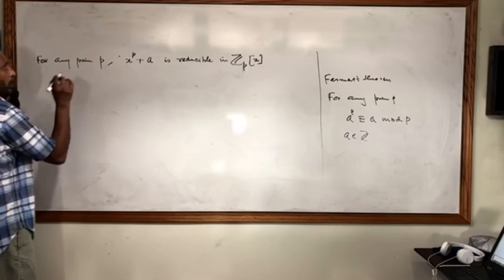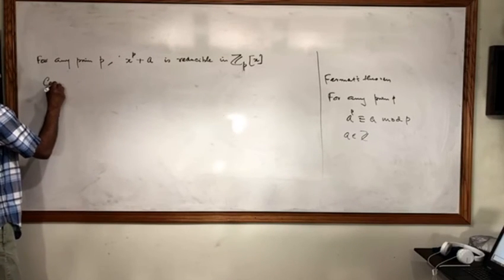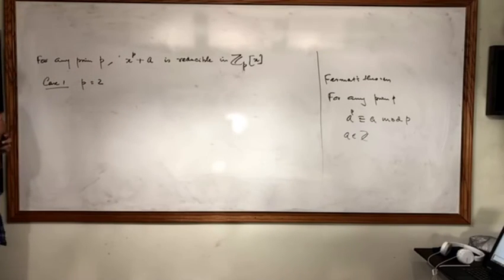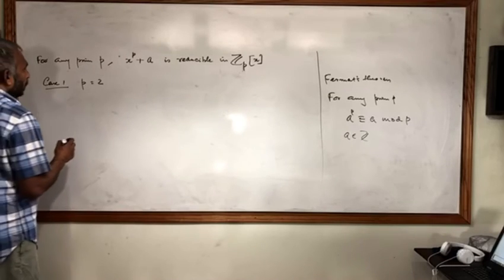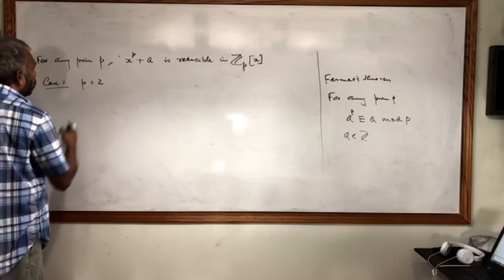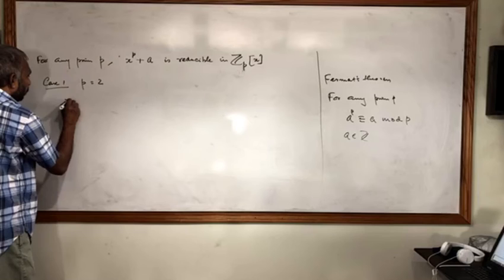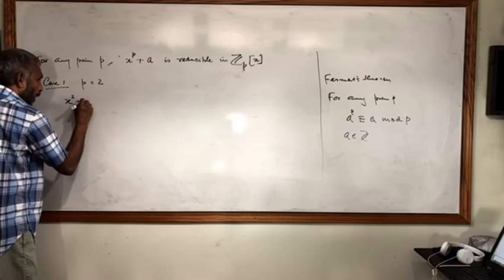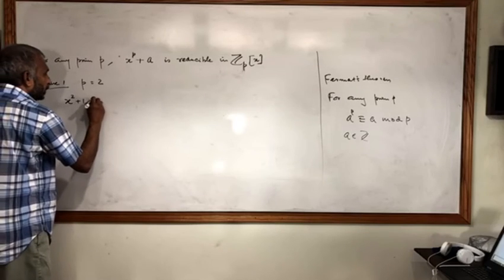So here we are going to do it in 2 steps. Case 1, p is equal to 2. That is the only even prime number. So if p is equal to 2, we need to show that x square plus a is reducible.